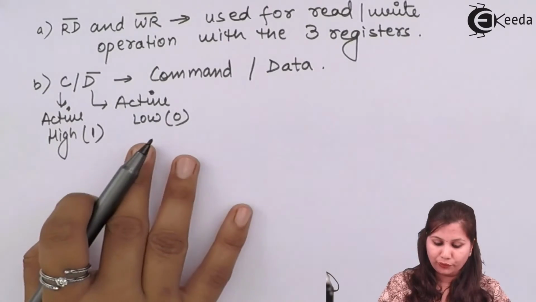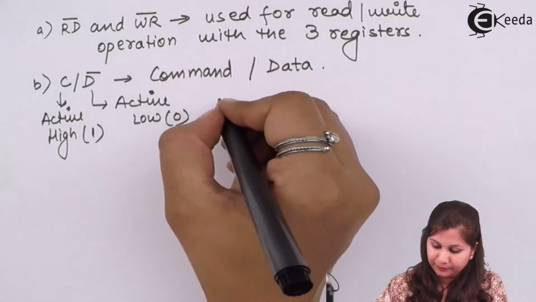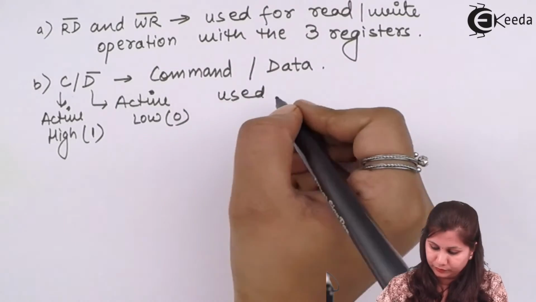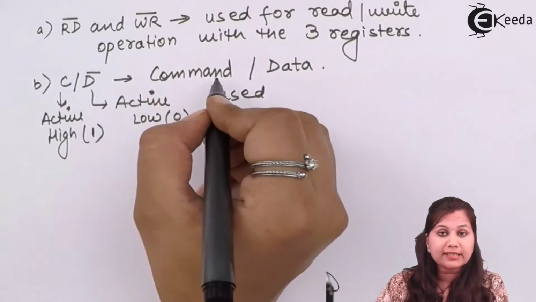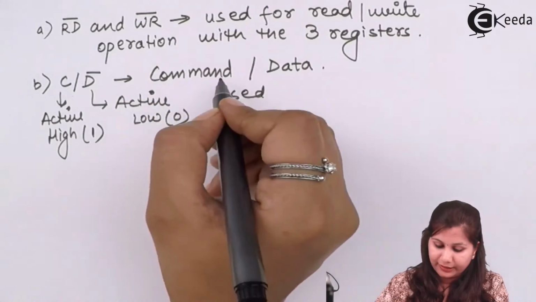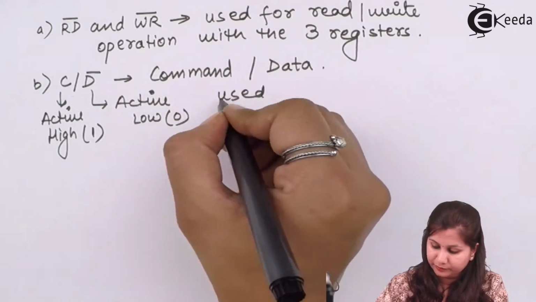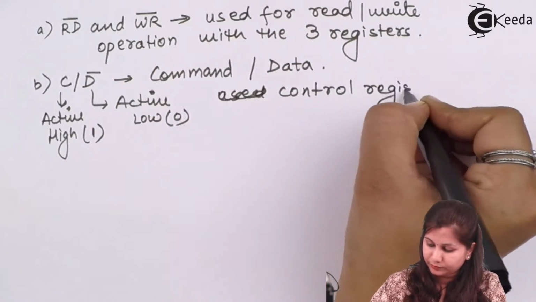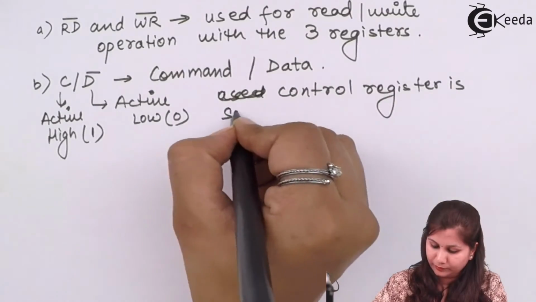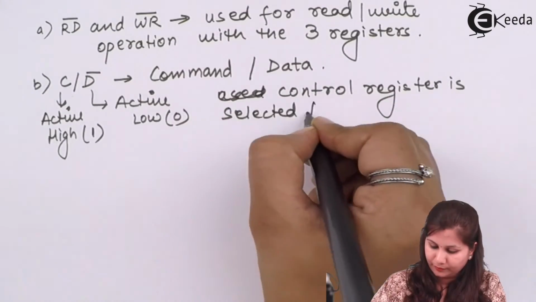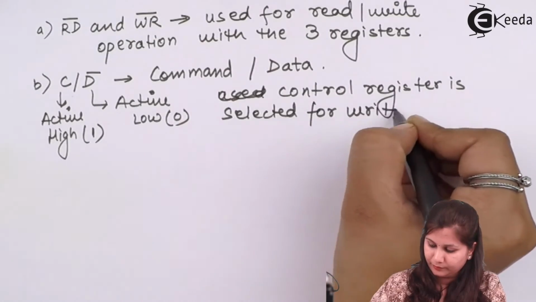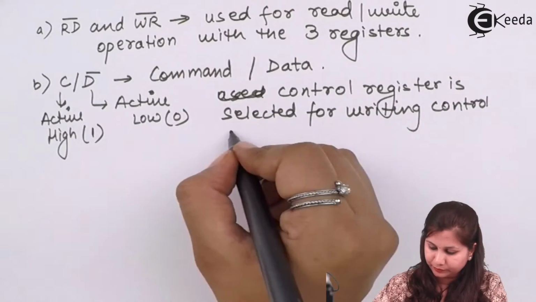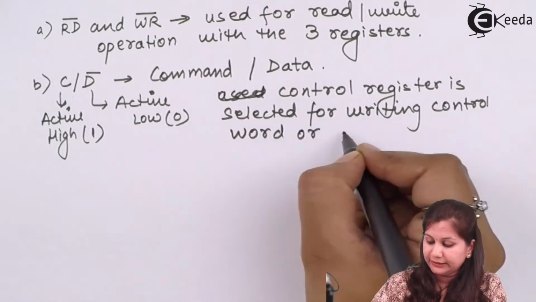So it is used for selecting the register. When command is activated, the control register is selected for writing the control word or reading the status word.